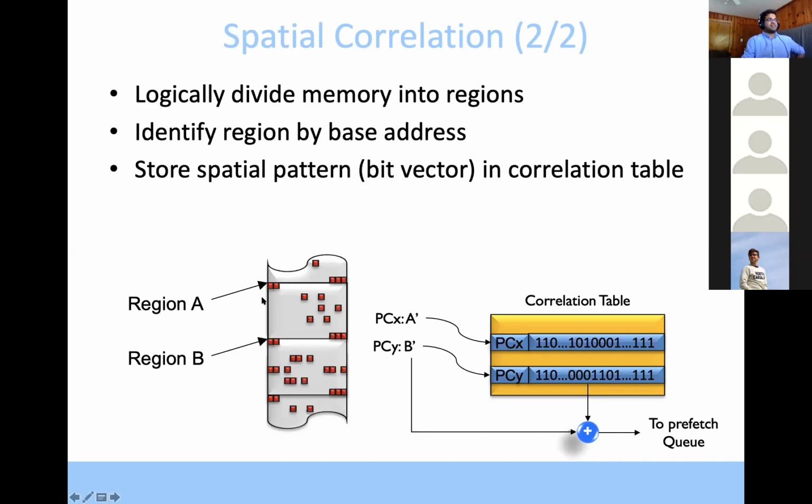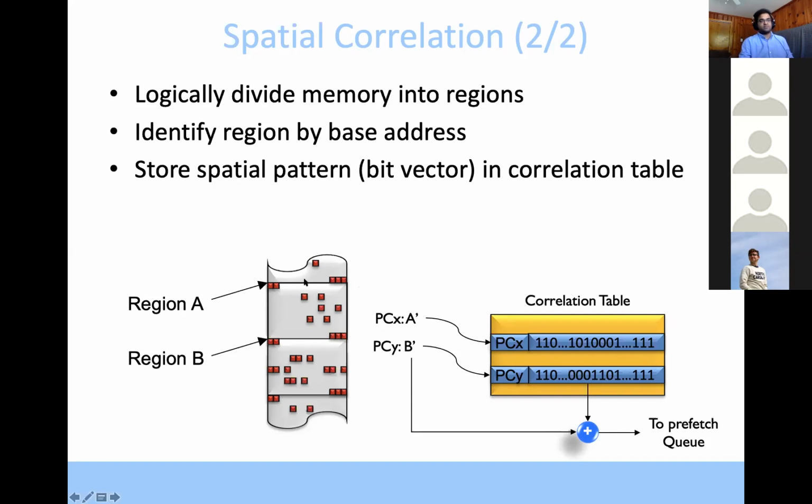You divide memory into logical regions, and then you identify a region by a base address and keep a correlation table where you say, load this cache line, load this cache line, don't load this one, load this one, and so on. For the whole page, you'd say which cache lines are touched and which ones are not touched. And then you'd insert one entry for each of these regions.